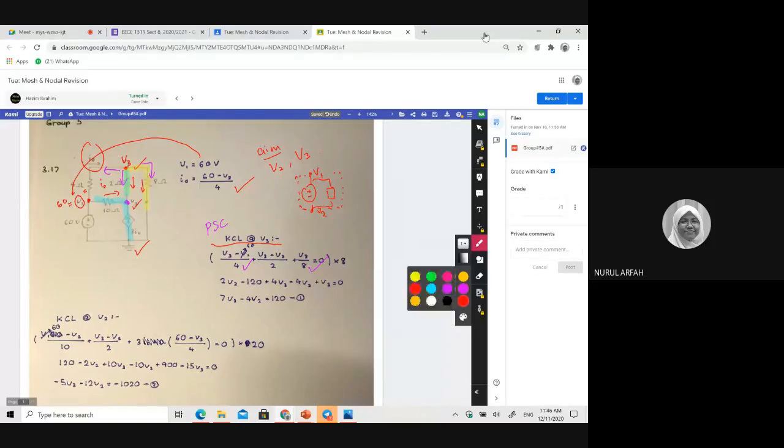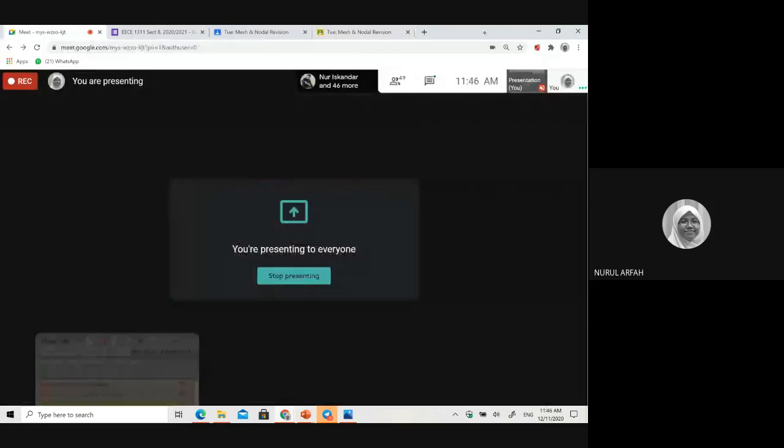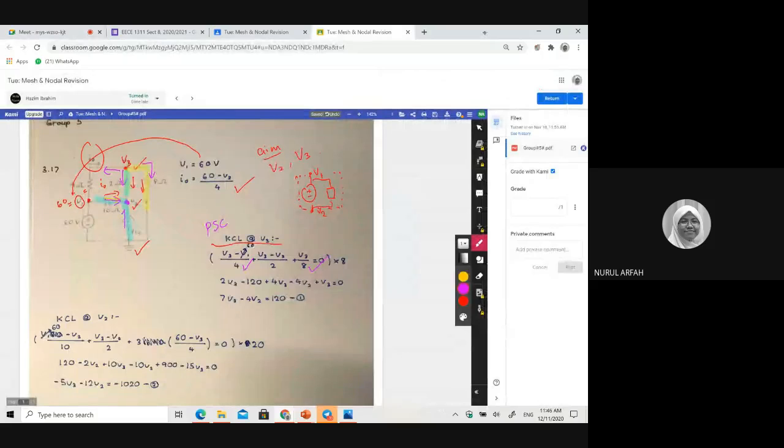So if you look at the answer here, let me check. You have 60 minus V2, 60 minus V2, meaning to say this group is having that direction. This direction, and then this direction, and then maybe for this part, this direction.